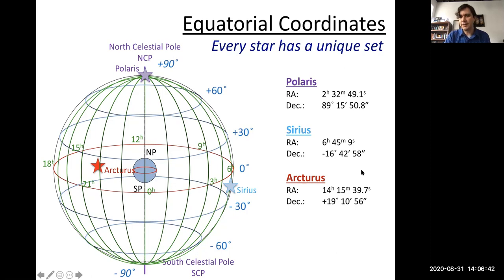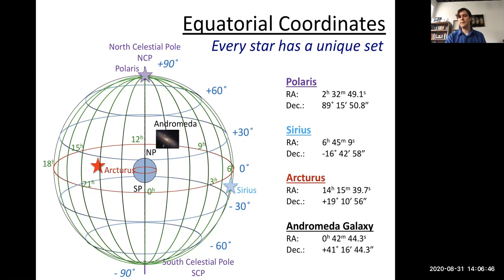And then finally, it's not just for stars. We could use this for galaxies as well. So everything in the night sky gets its own location. So let's look at the Andromeda Galaxy, and where does it live on the celestial sphere? Where can I communicate to anybody its right ascension and declination coordinates, its equatorial coordinates? Where does it live on the sky?